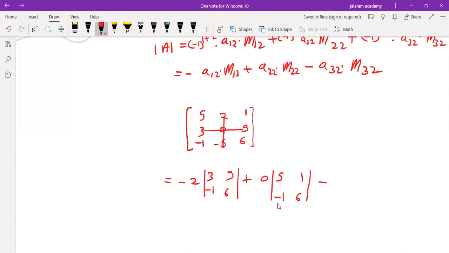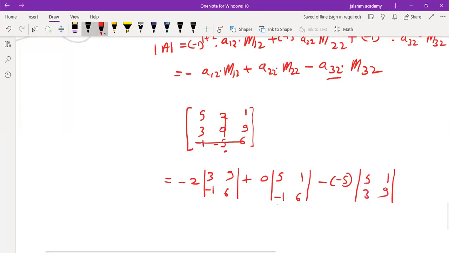Minus will be there as it is the element of third row, second column. Minus 5 is the element A32 into the minor obtained by deleting third row, second column: 5, 3, 1, 9.